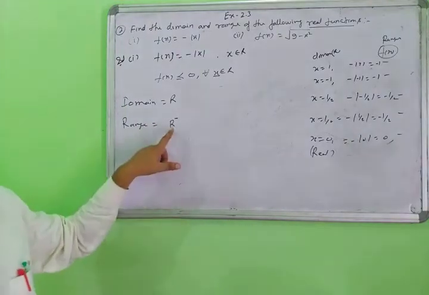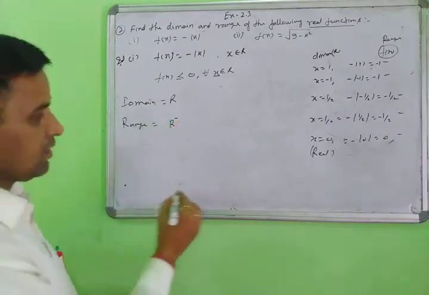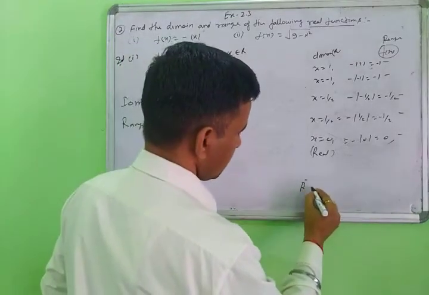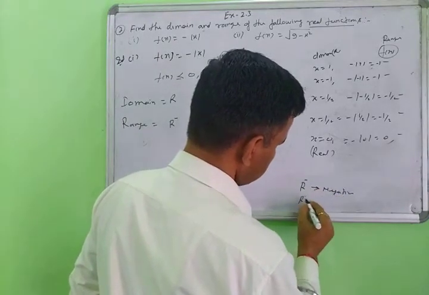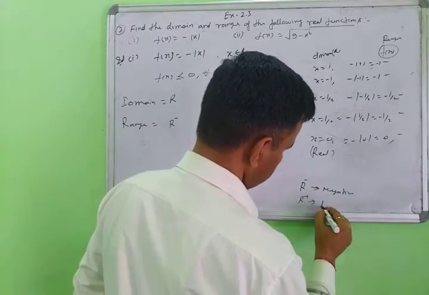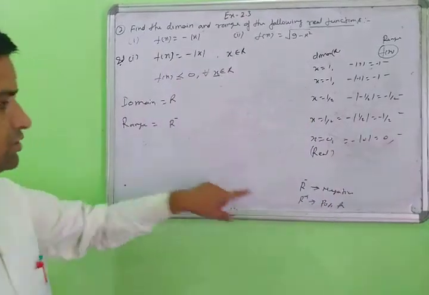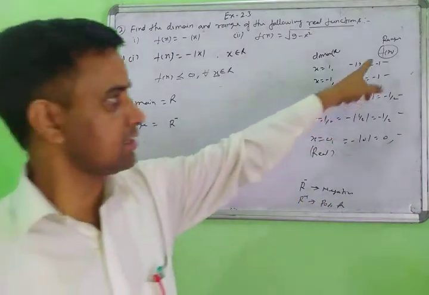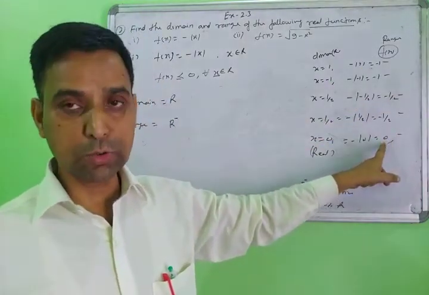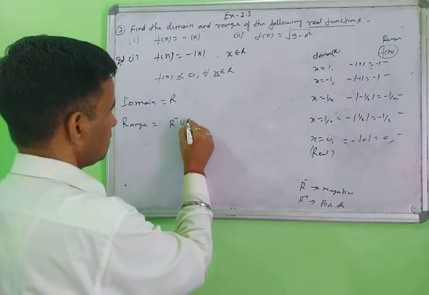This is the symbol of negative real numbers: R negative means negative real numbers, and R positive means positive real numbers. So all negative numbers, but 0 is also considered here, so you can write union 0.